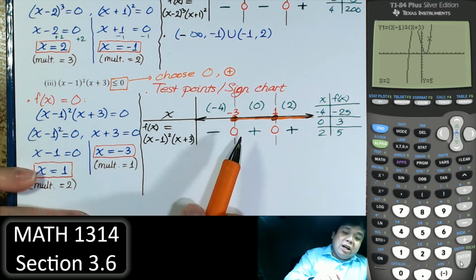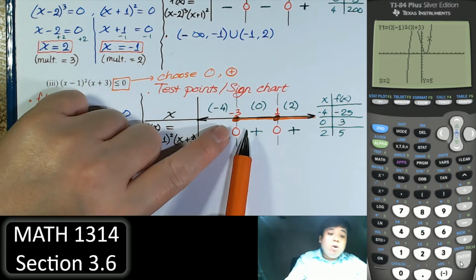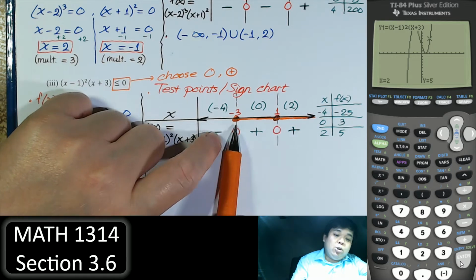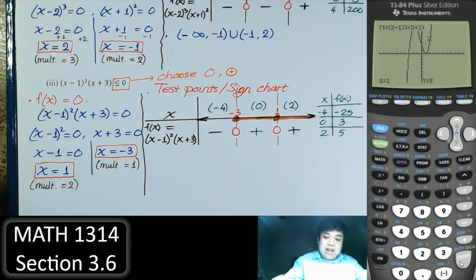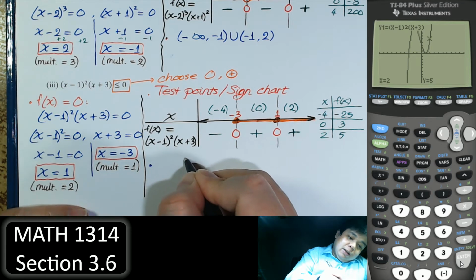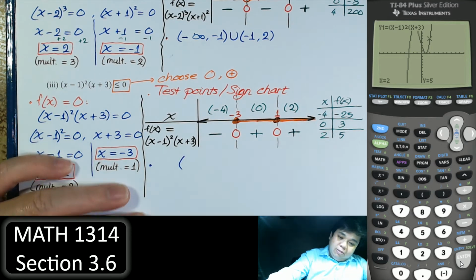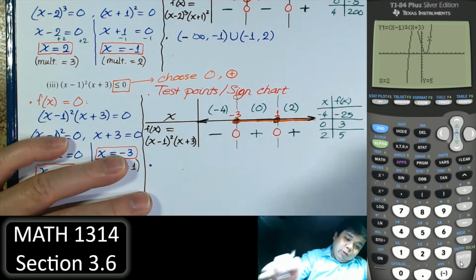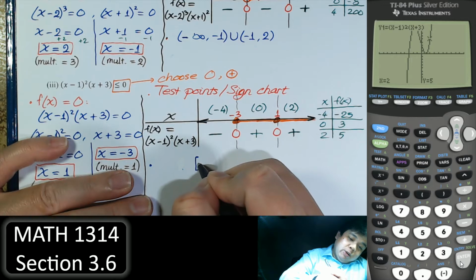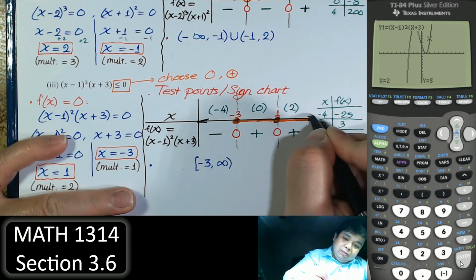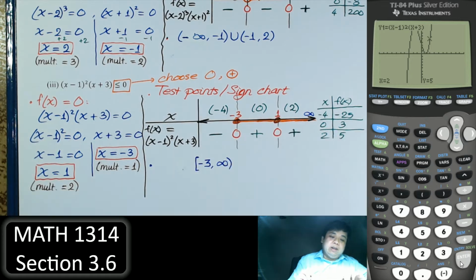So we see that it goes from -3 to infinity, including the 1 and the -3. So pretty much the answer in this case will be, sorry, not parentheses, it's including the -3. So the answer from -3 to infinity.